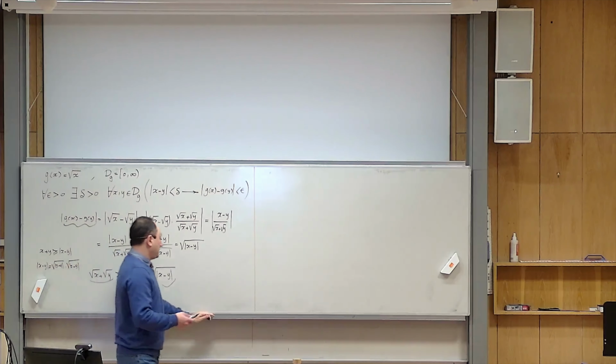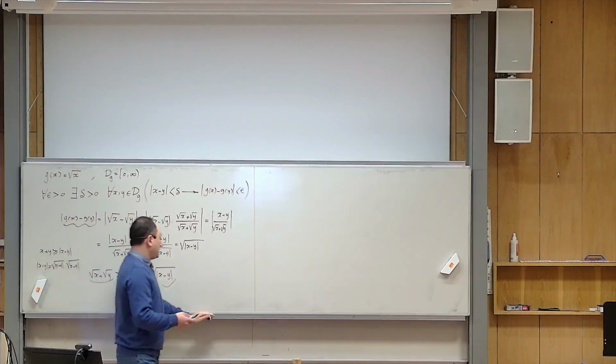Of course, this is not exactly my problem. My problem is to make this one less than epsilon. By this explanation, you understand that if I make this one less than epsilon, I also achieve the goal that this is also less than epsilon. But this is extremely simple to do because this itself, from a mathematical point of view, is equivalent to saying that this is less than epsilon squared.